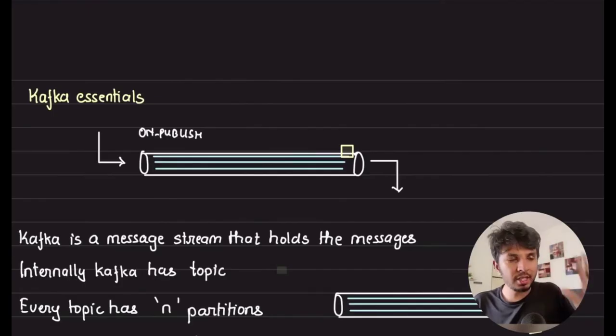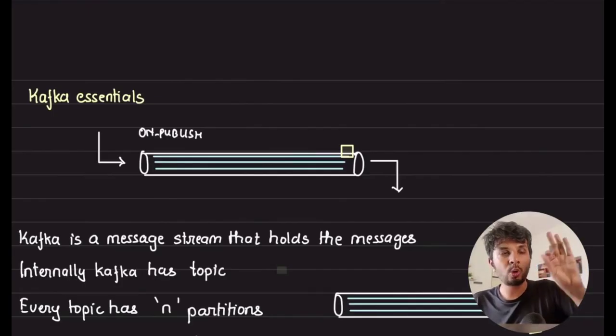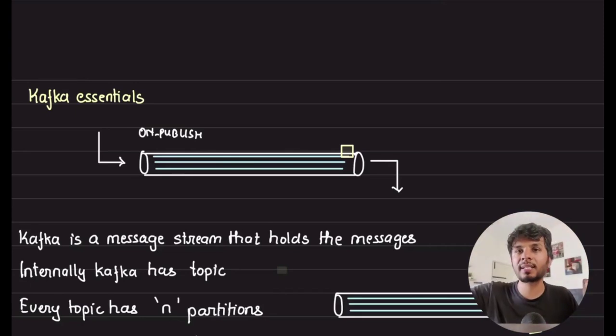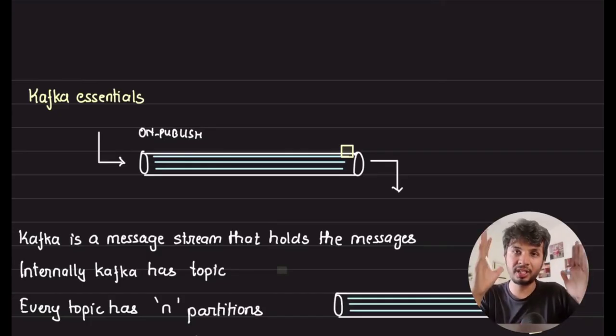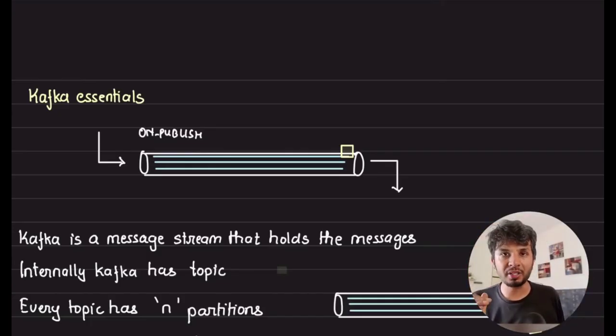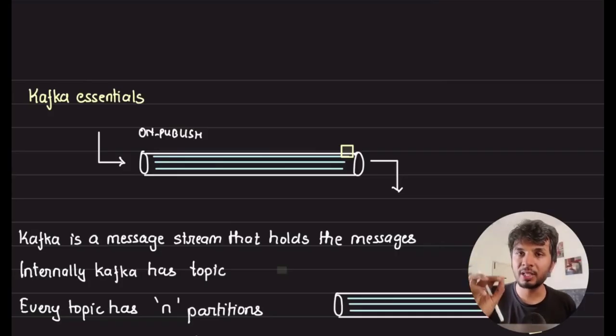Right? Kafka, just to reiterate at the end of it, Kafka is a message stream. It holds the message until, as per the deletion policy, it would keep the message there. Kafka has topics, topics have partitions, right? When you put a message for a topic, on that message, you define a partition key.